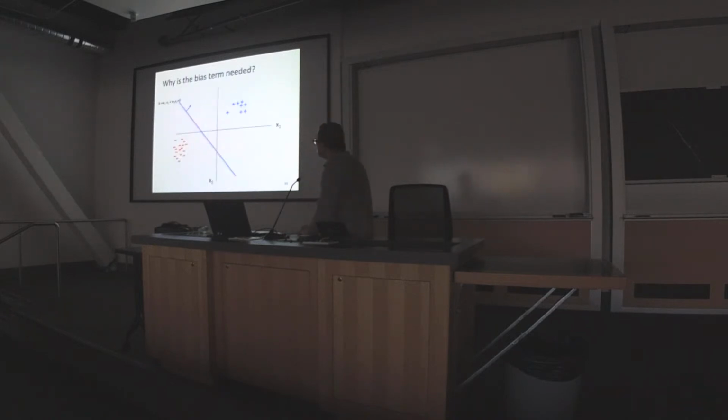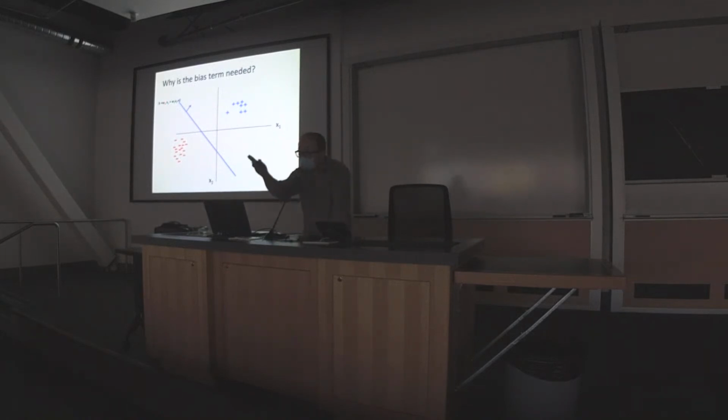Great. So the last thing we want to discuss is why should we add a bias term? It seems kind of excessive, right? Why not we just use W transpose X equals 0? Or in other words, W1X1 plus W2X2 is 0.